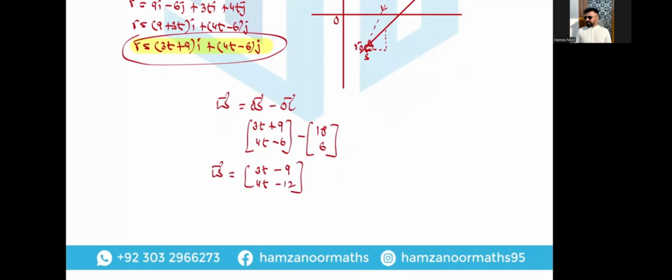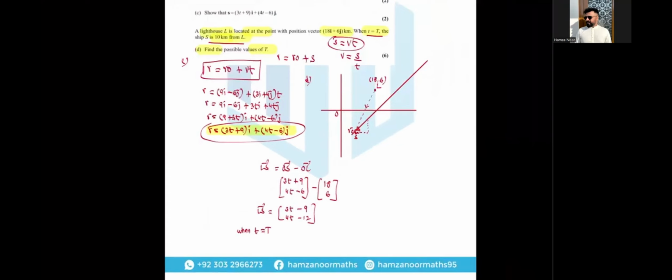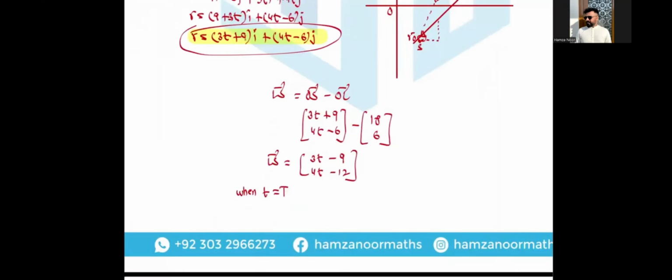Now, as per the information given in the question, when t is equal to capital T, the distance between the lighthouse and the ship is given. So we say that the magnitude of this LS vector is equal to 10 kilometers.